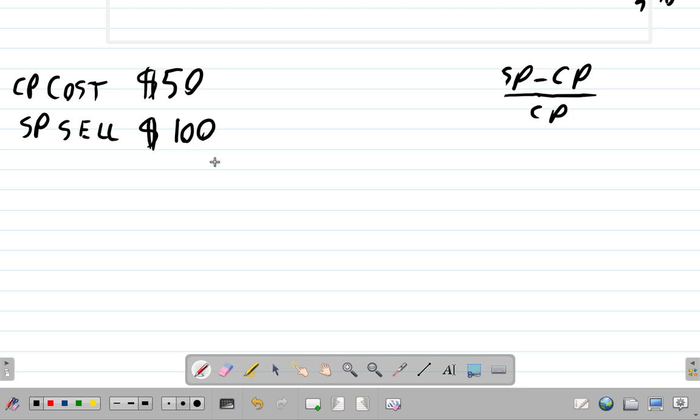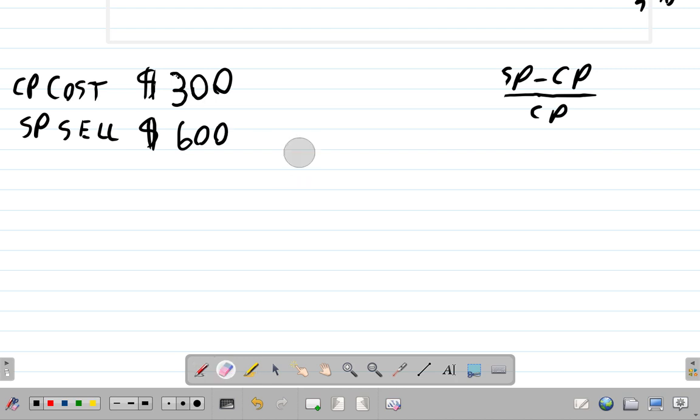Now, in that case, let's use different figures. Here you buy for $300. You sell for $600.